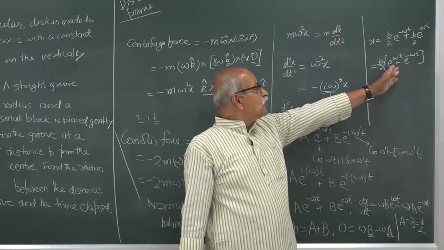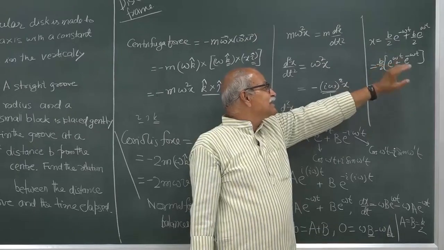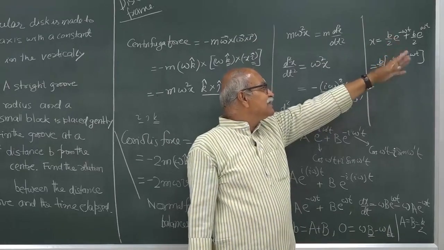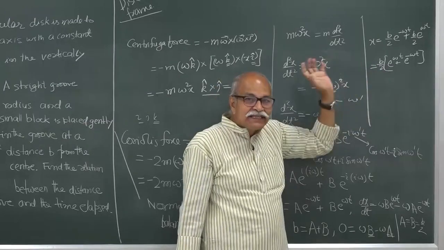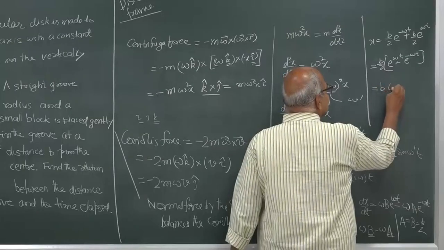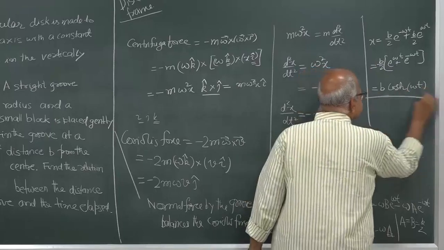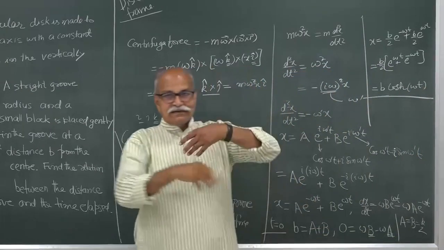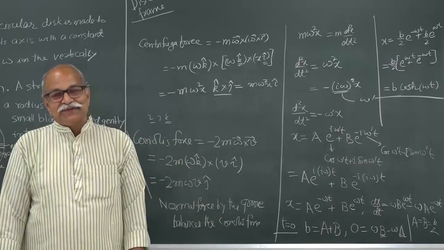This is called cos hyperbolic: e to the power omega t plus e to the power minus omega t divided by 2 is the cos hyperbolic function of omega t. So you can write this as x equal to b cosh of omega t. You can do a plot and see how x changes with time and so on.